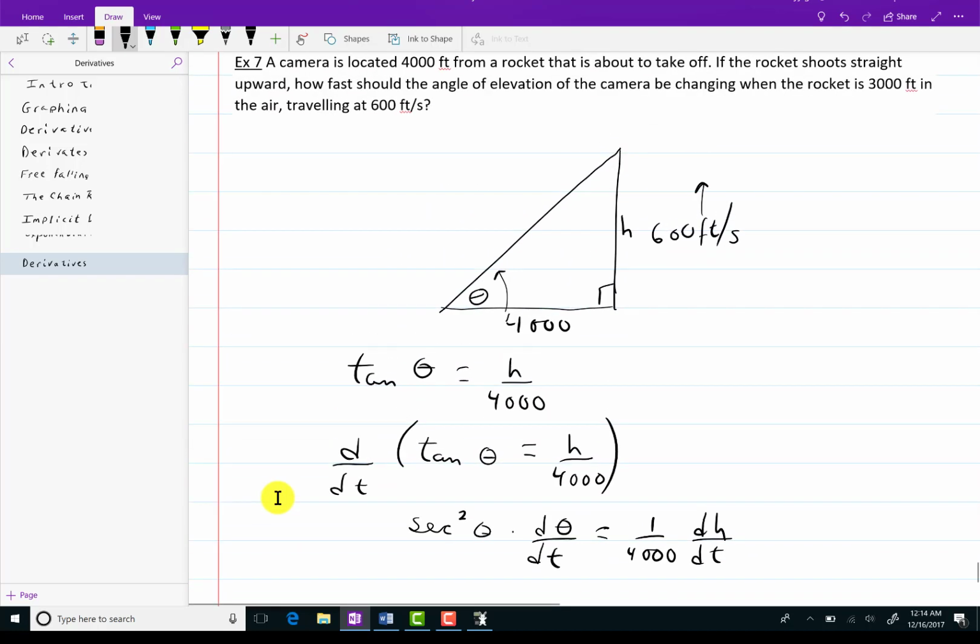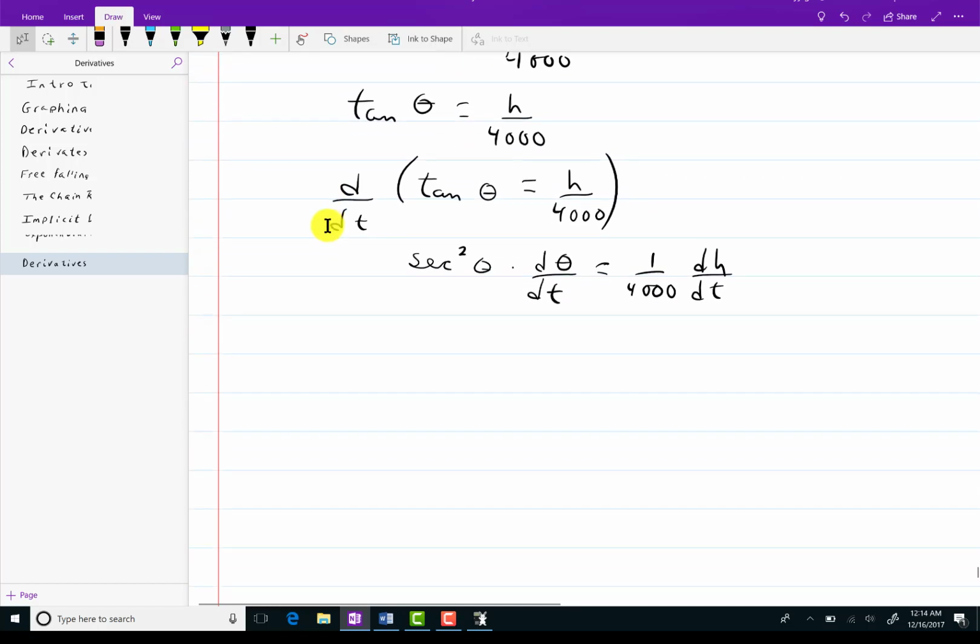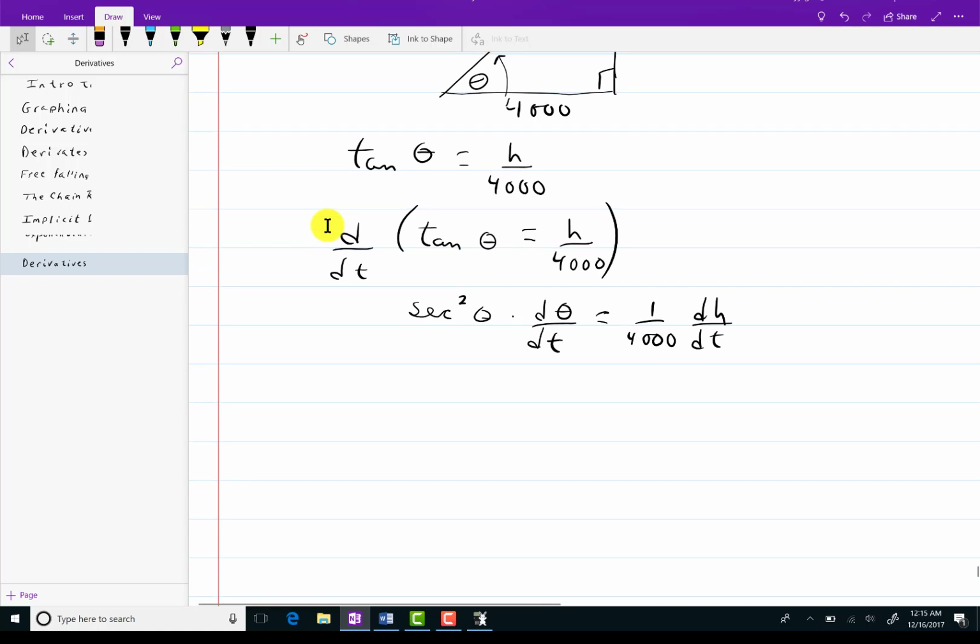They want to know what is d theta over dt at the point when it's 3,000 feet in the air. I do know dh over dt is 600. So let's see what I can get here. 1 over 4,000, and dh over dt was 600. d theta over dt, that's what I'm trying to determine.